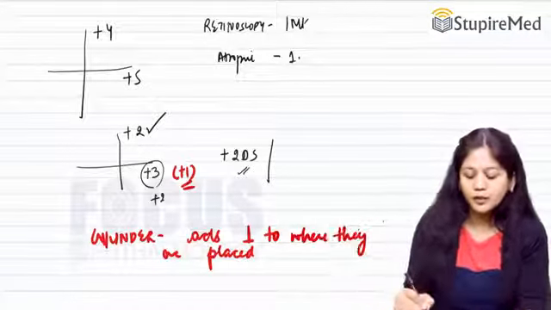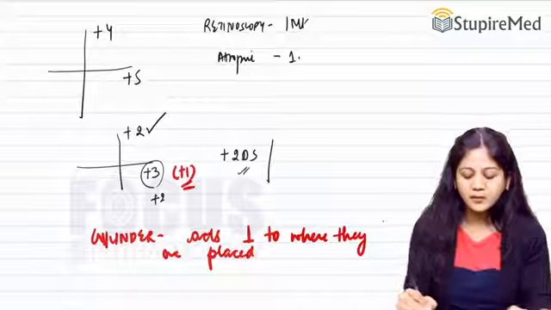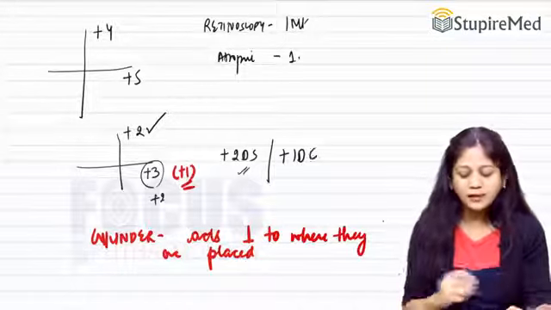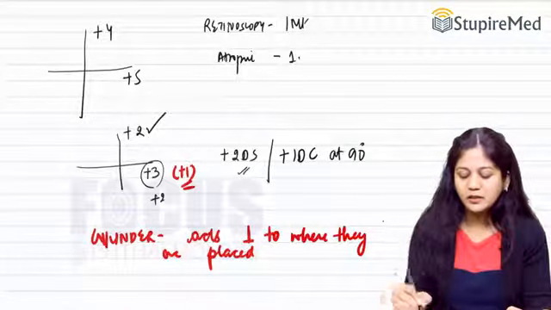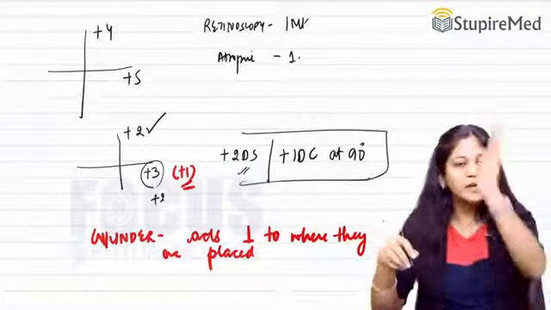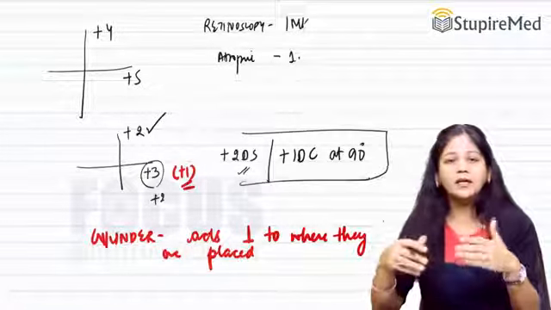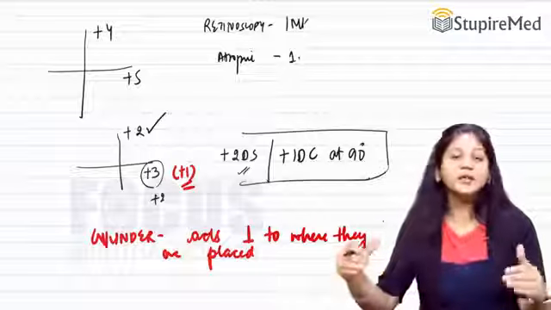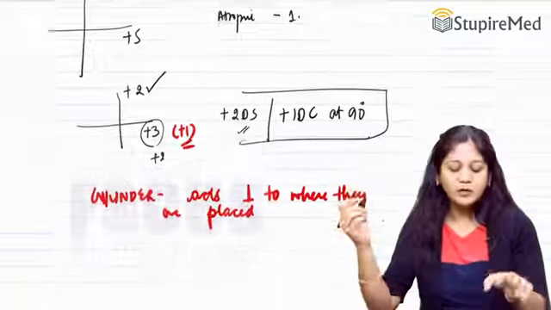So, my correction would be +2 diopter sphere +1 diopter cylinder at 90 degrees. This suggests that I have placed a cylinder at 90 degrees which will take care of +1 at 180 degrees. Now, let's solve one more example.